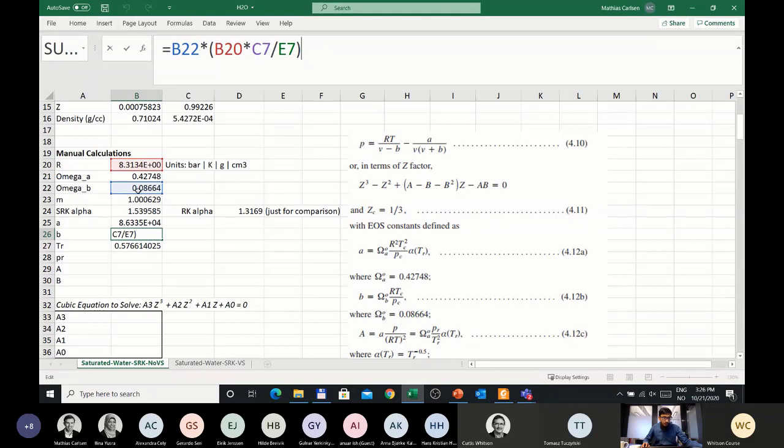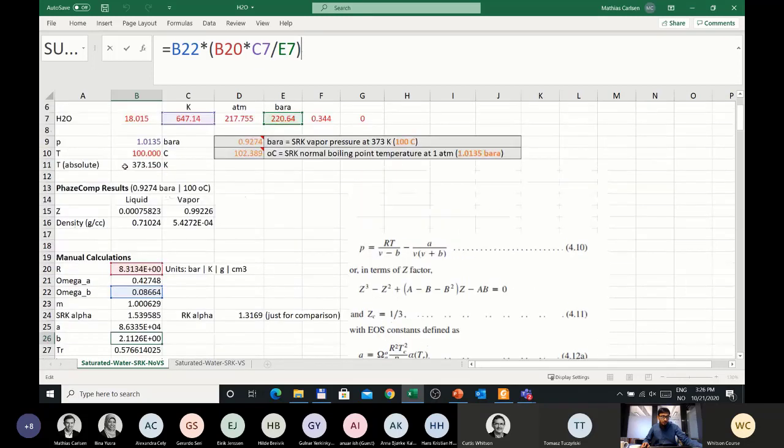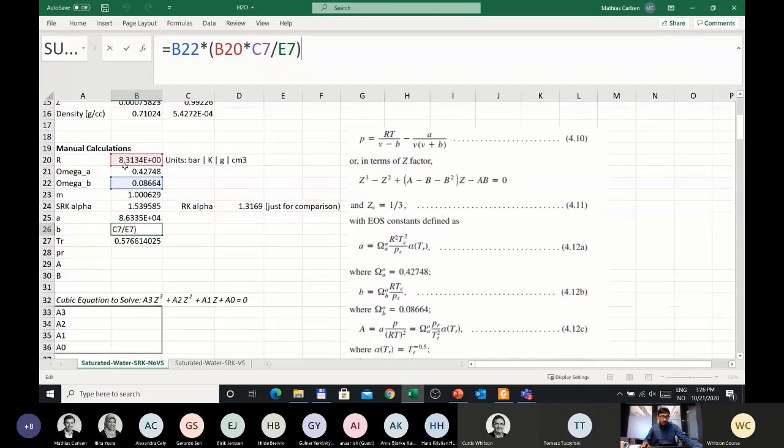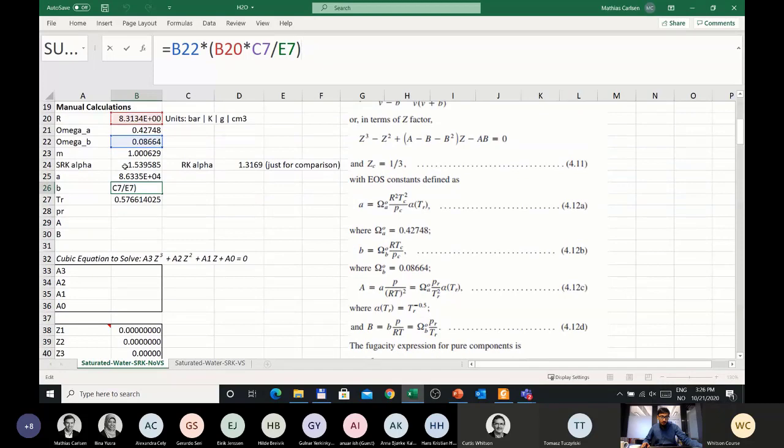So omega B times R times the critical temperature divided by the critical pressure. Okay, so that's the B.